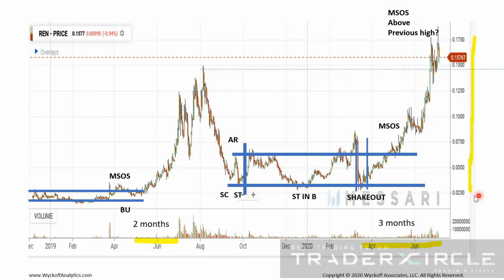By the way, accumulation, first accumulation, major sign of strength, backing up action, and then a 10-bagger in just a couple of months. Distribution. Then another cycle on the top of the previous value zone. 2 months, another 10-bagger. So we want to trade this chart. We want to be active in this market.